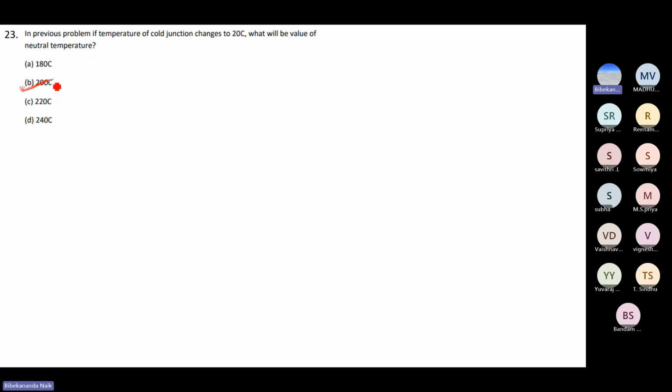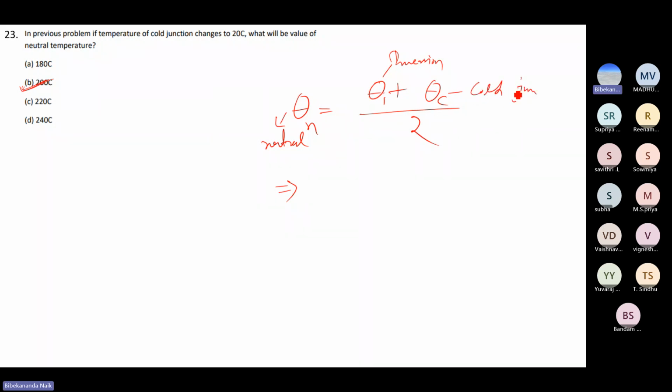Also there is a formula. If you know the neutral temperature of the thermocouple and the inversion temperature of the thermocouple, then you can calculate the temperature of the cold junction. For a thermocouple, the formula is theta n equals theta i plus theta c by 2, where theta n is the neutral temperature, theta i is the inversion temperature, and theta c is the cold junction temperature.